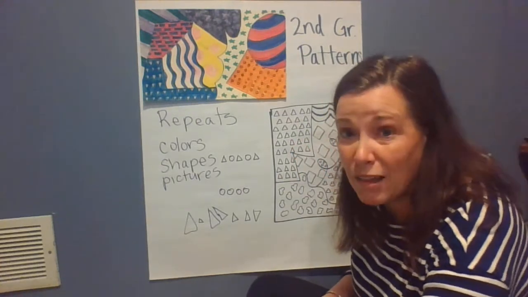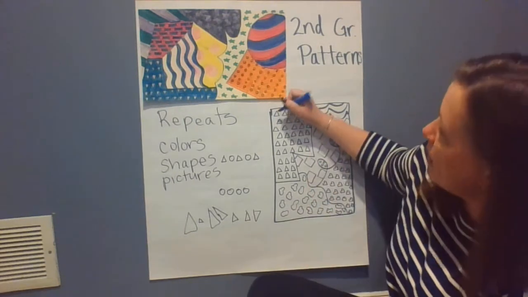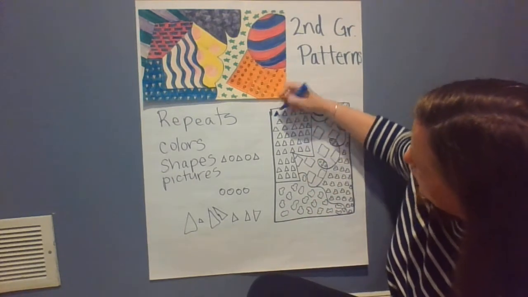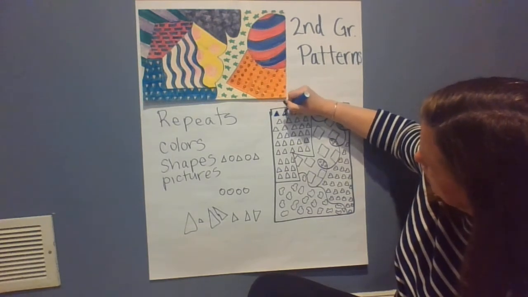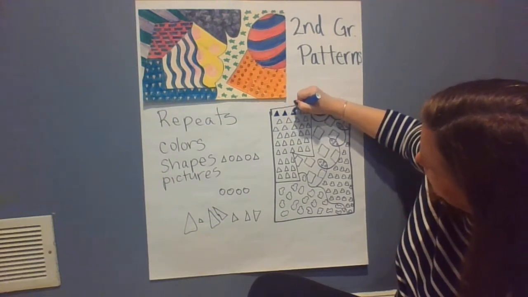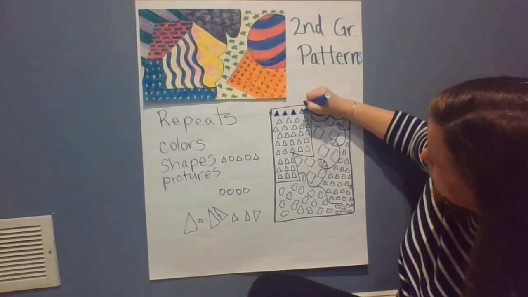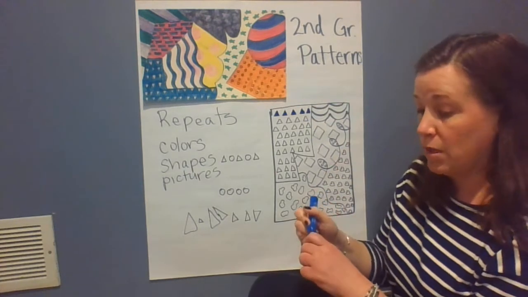Now when it's time to color them, I'm going to want my colors to repeat also. If I make all of my triangles blue, if that's the color I choose, then all of my triangles are going to be blue.